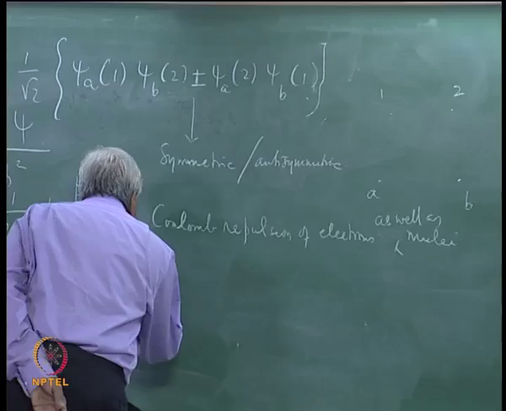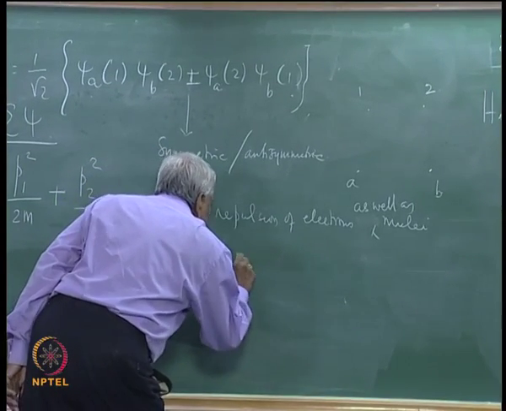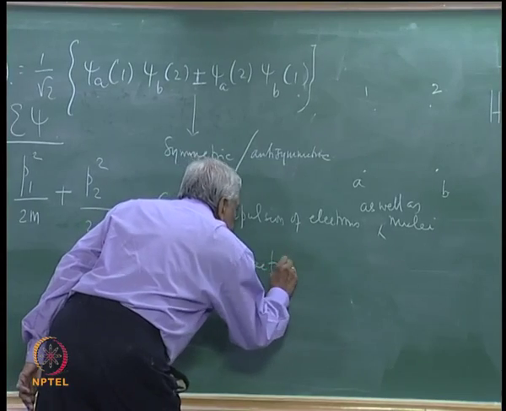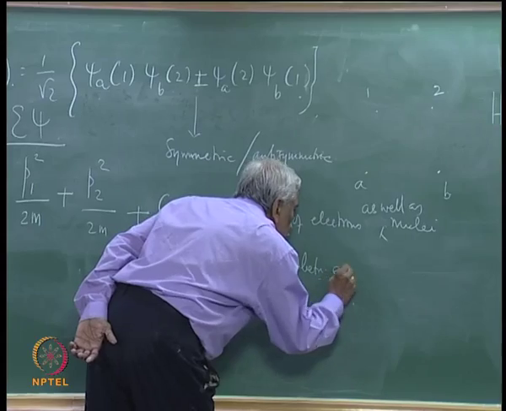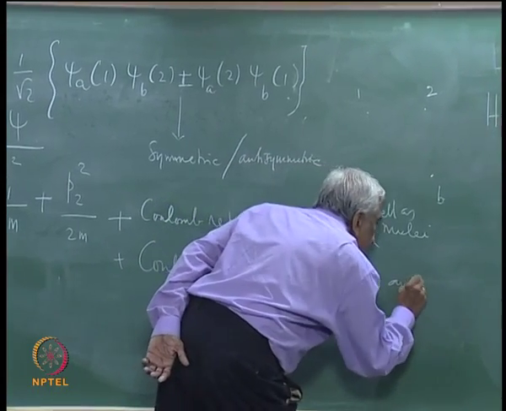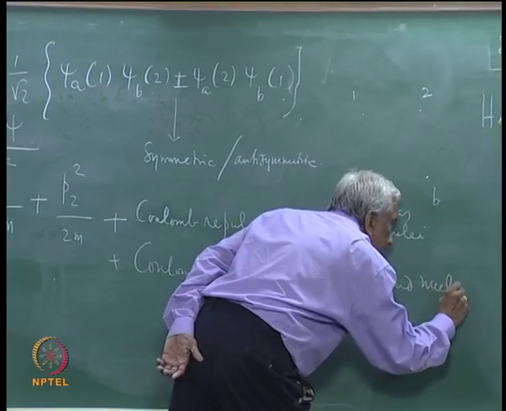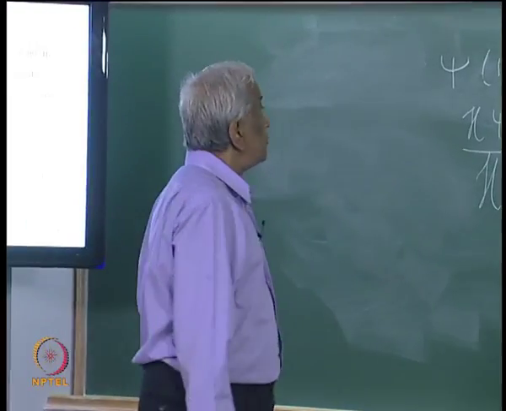plus Coulomb attraction terms between electrons and nuclei. The attractive terms are negative and the repulsive terms are positive.